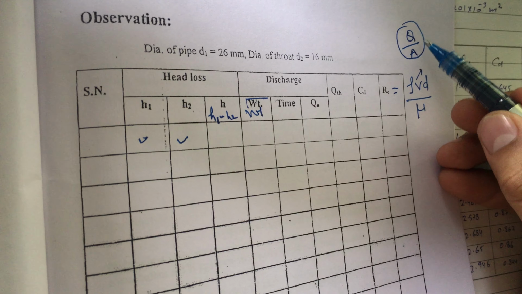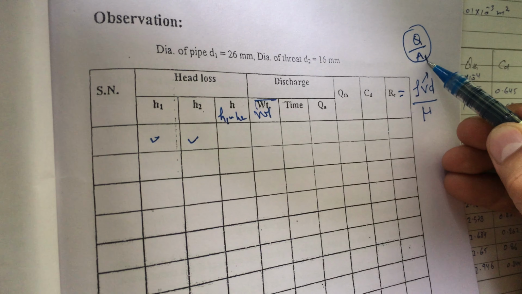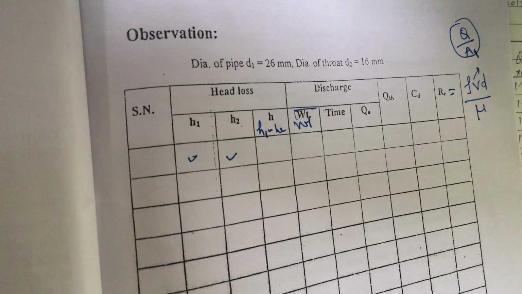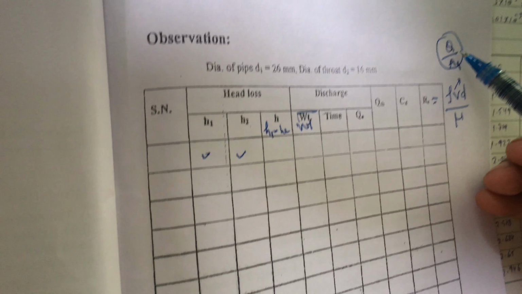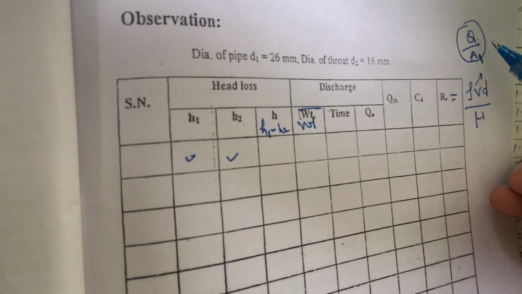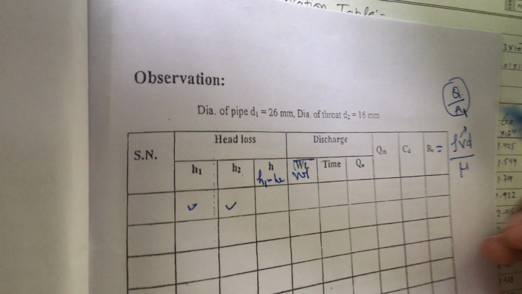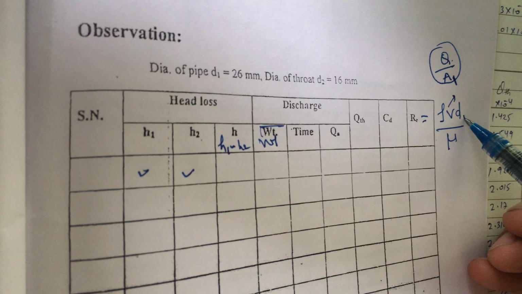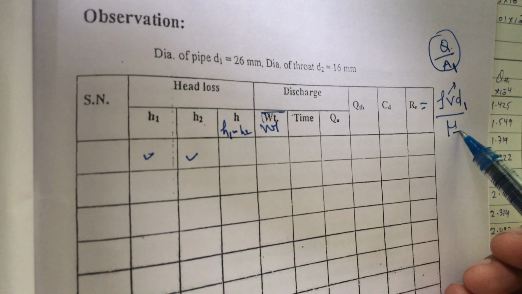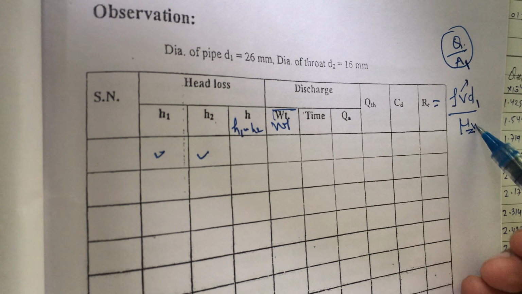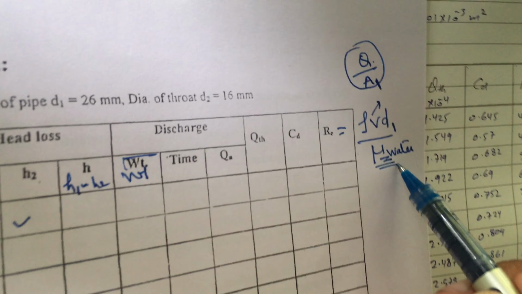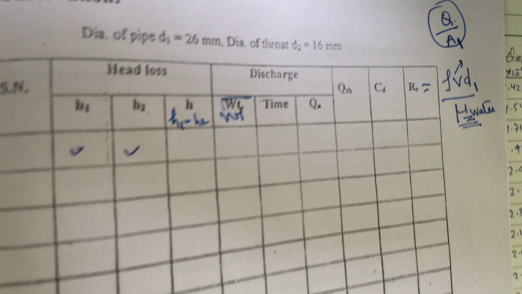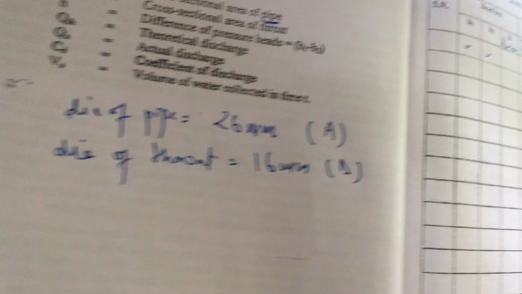That is, we will adopt this area as A1, the pipe area, and this Q will be the actual Q. So V into D upon mu, where D is the diameter of the pipe at section 1, section A, and mu we know, the standard value of viscosity of water at the given temperature. So this value can also be adopted. In this way you can completely fill this table.